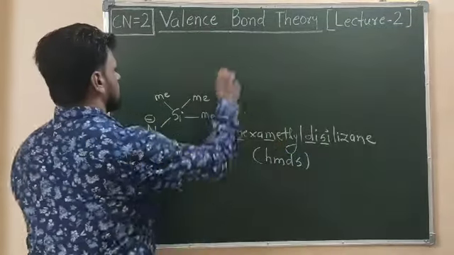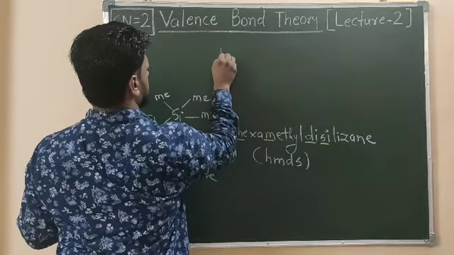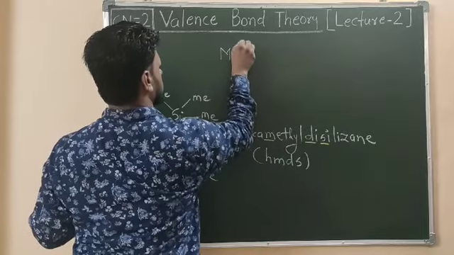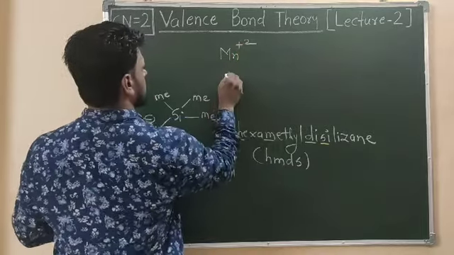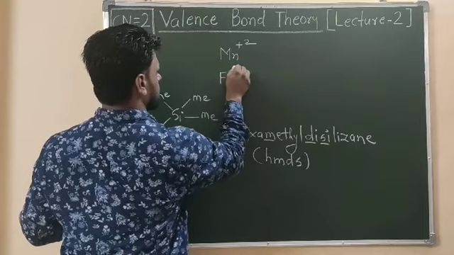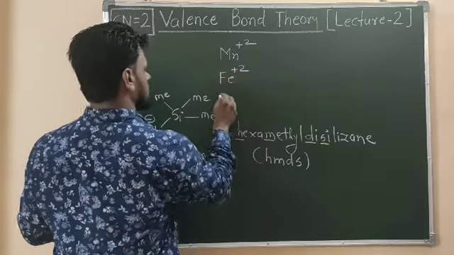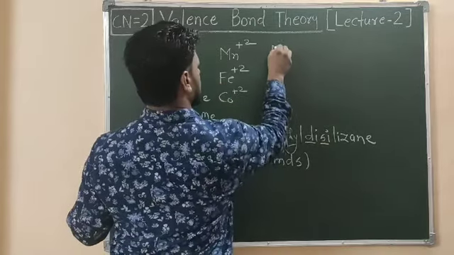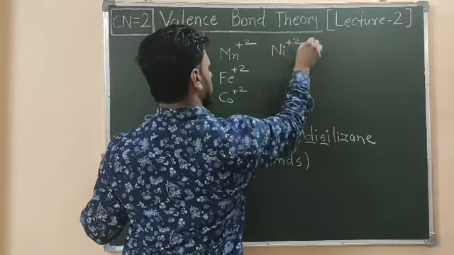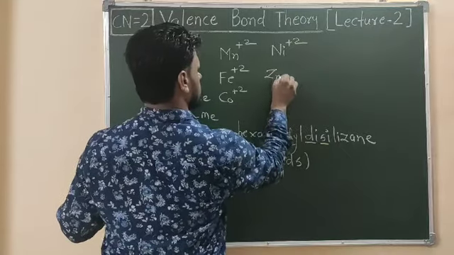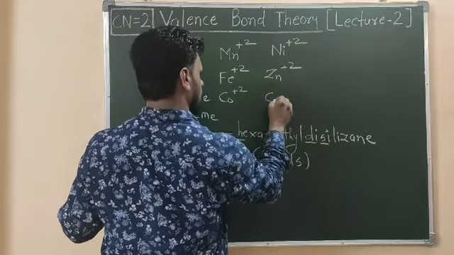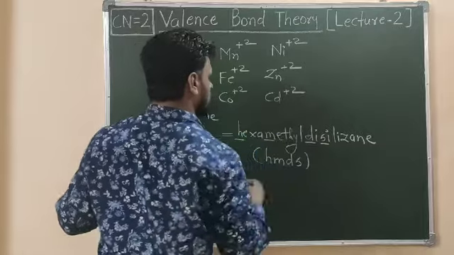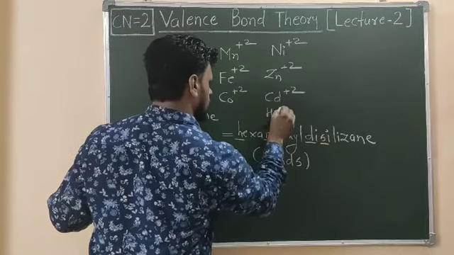Remember manganese. If I take manganese +2 ion, then we have Fe +2 ion, cobalt +2 ion, similarly nickel +2 ion, along with that zinc +2 ion, cadmium +2 ion, and mercury +2 ion.